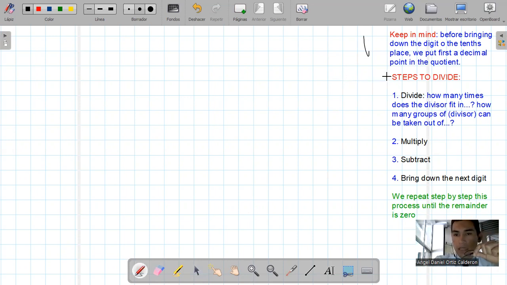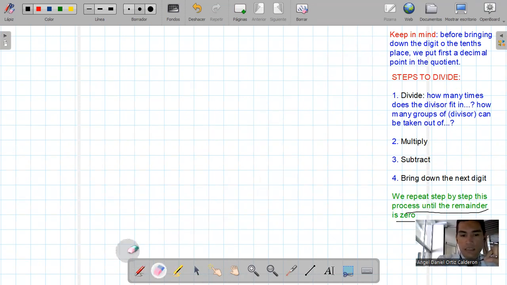And then the steps to divide. The steps to divide are just four. We have to repeat this process step by step in the same order as many times as necessary until we have a remainder of zero. Once the remainder is the number zero, we know that the division is over, right?